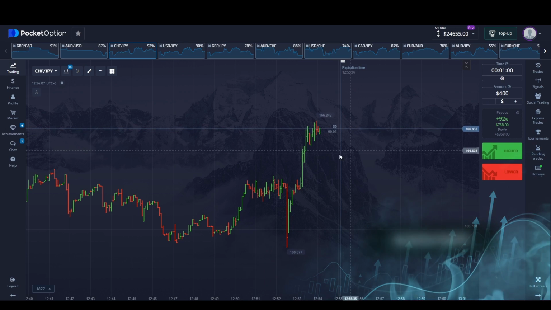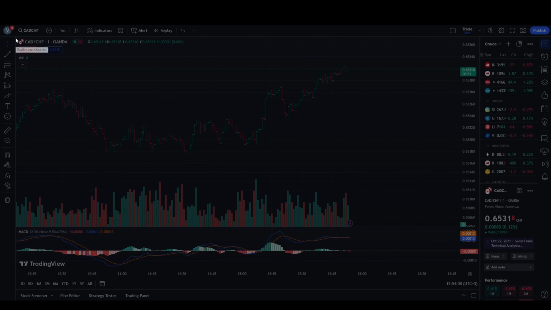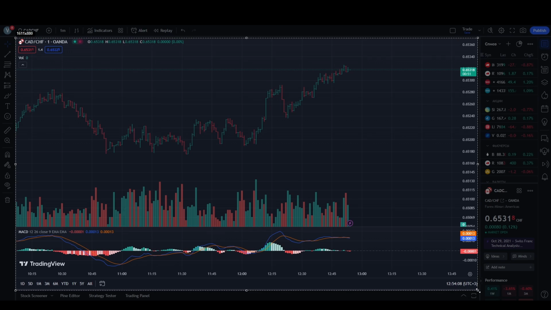So let's get started. Moving on to the analysis of the first currency pair, the Canadian dollar and the Swiss franc. Well, first of all, I will highlight areas of support and resistance on the chart for more convenient analysis.